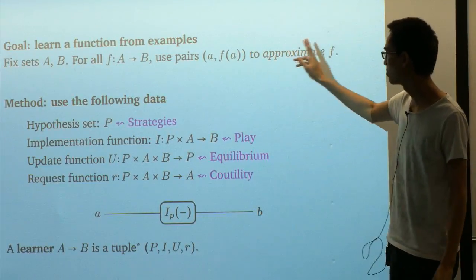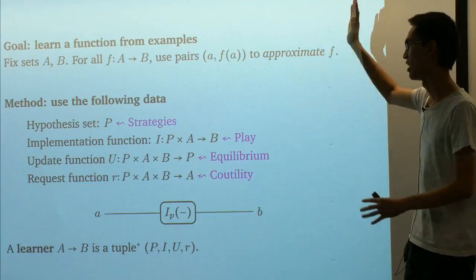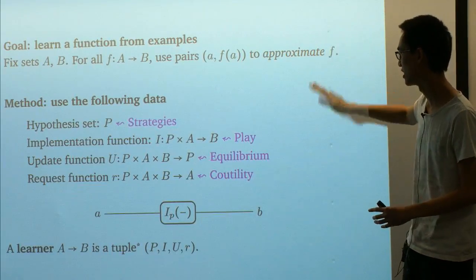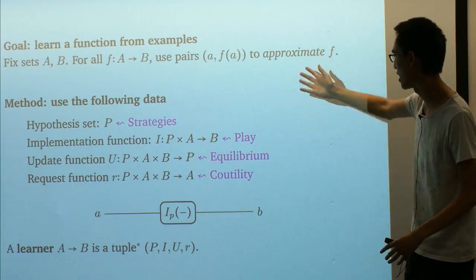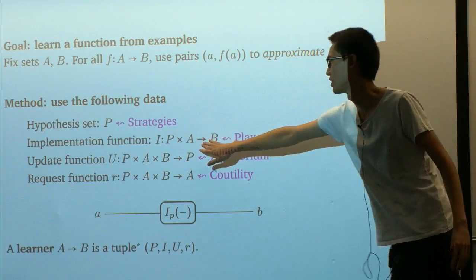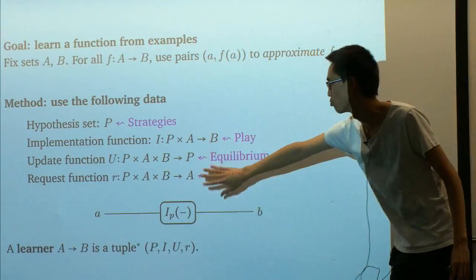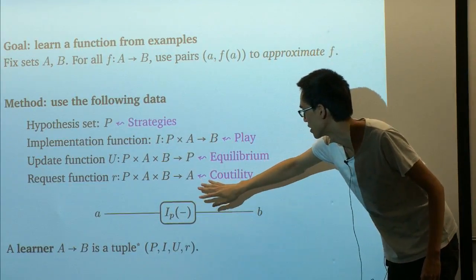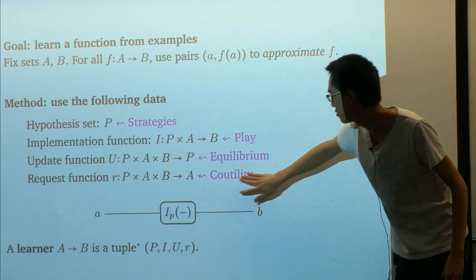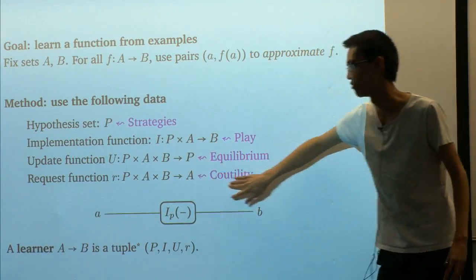Here, open games have state and co-utility as input, and move and utility as output. Here we just have a single input A and a single output B. But you can identify those two inputs and those two outputs. And if you do that, the co-utility function has exactly the same form as the request function.